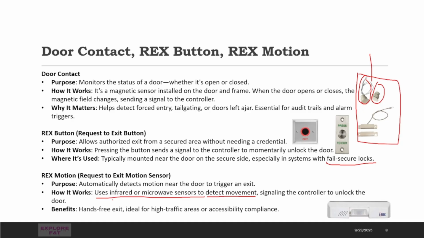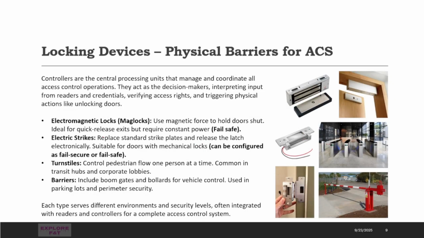And this is also installed inside the secure area only, not outside. So what is the benefit? This is hands-free, ideal for high traffic areas. Most of the people will be there, so there is no need to press a button again and again, the door will be opened. Okay, so next, locking devices.